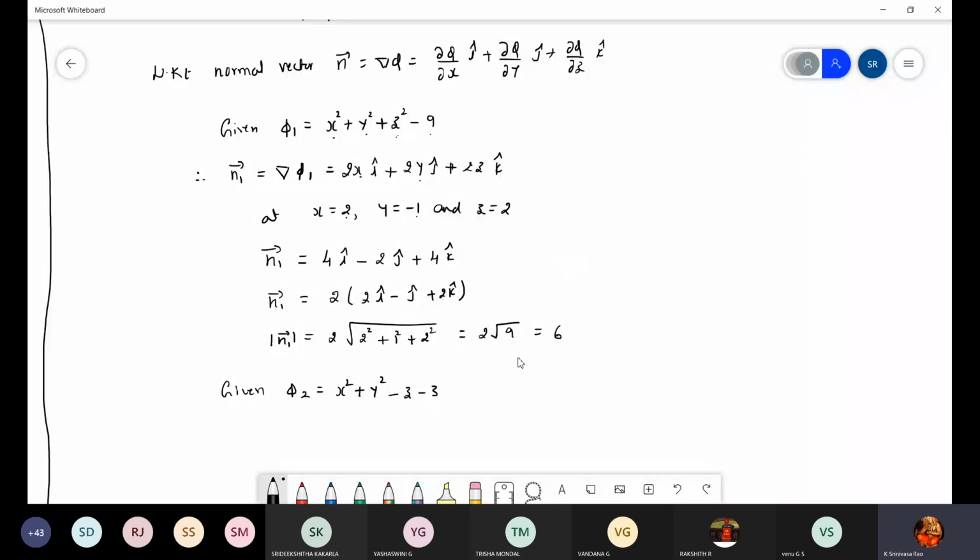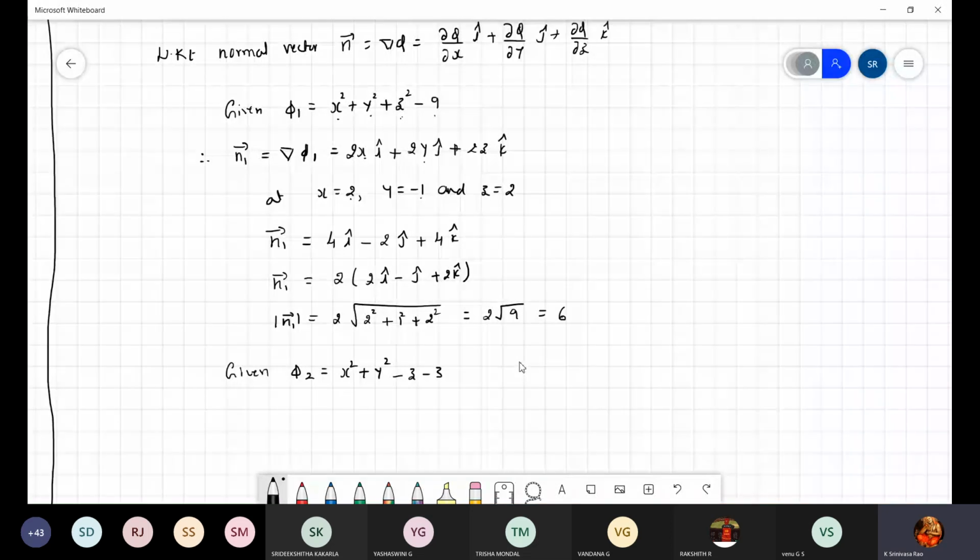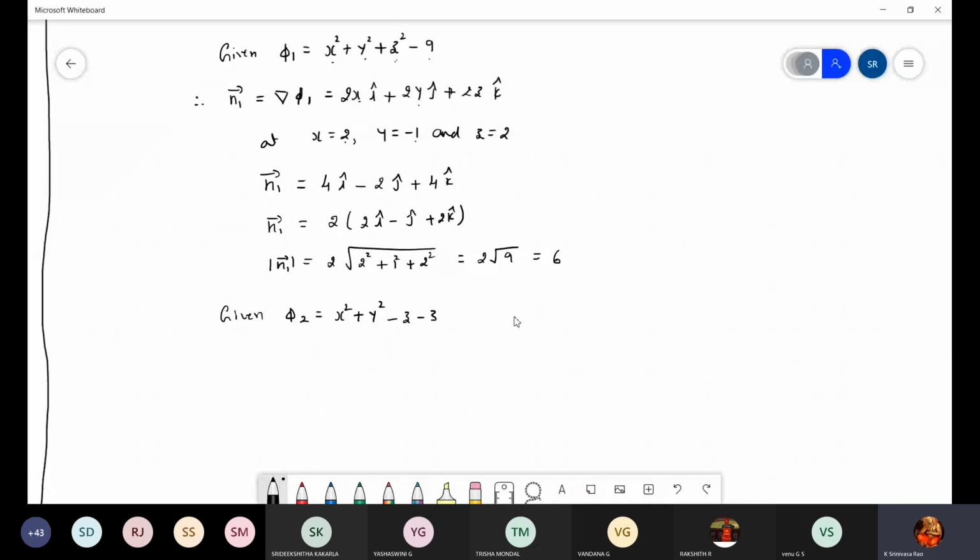So therefore n2 equals grad phi 2, that is equal to differentiating with respect to x. If you want, you can write the formula like this: dou by dou x of the complete phi 2 into I cap.